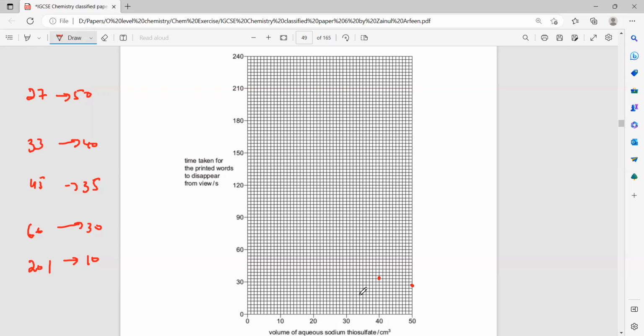Then 35 and 45, so 33, 36, 39, 42, 45. Then 30 and 66, so 30 and 66.